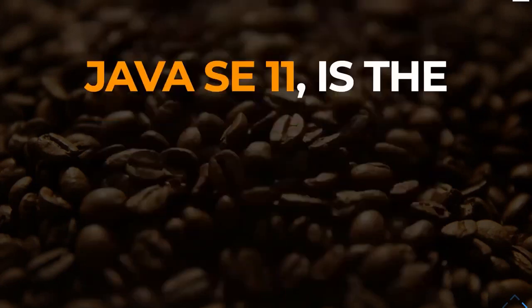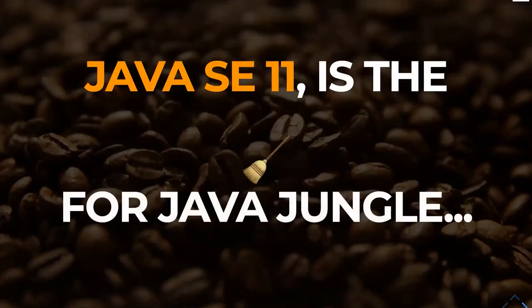I can also say that Java SE 11 really started cleaning up the Java jungle. What does it mean? We started to remove tools and features since Java 11. Because before that, as I told you, since Java 9, we started to deprecate for removal, and we had 2 releases, 9 and 10.